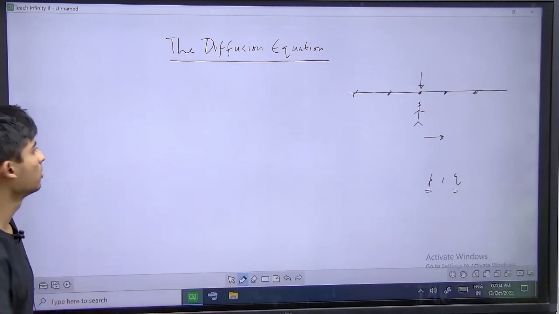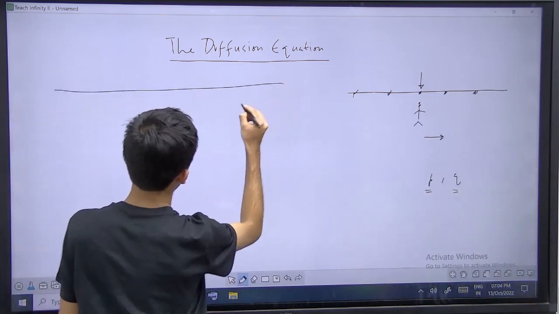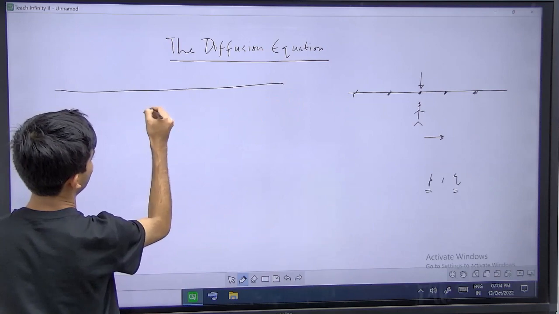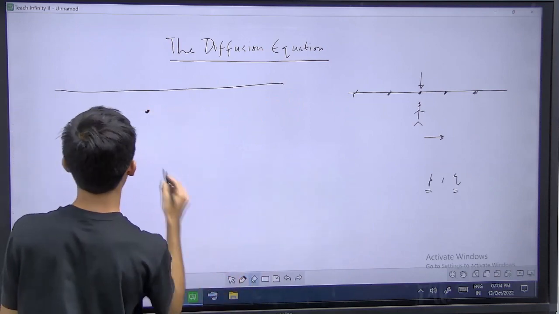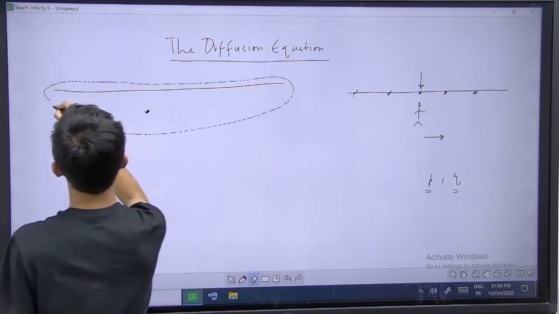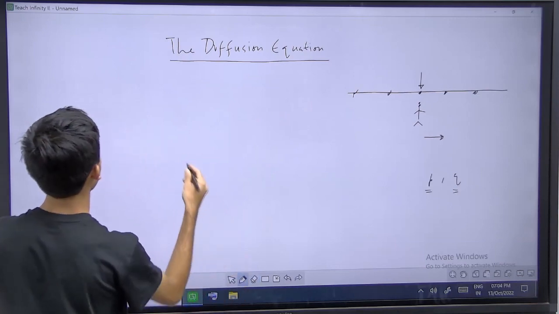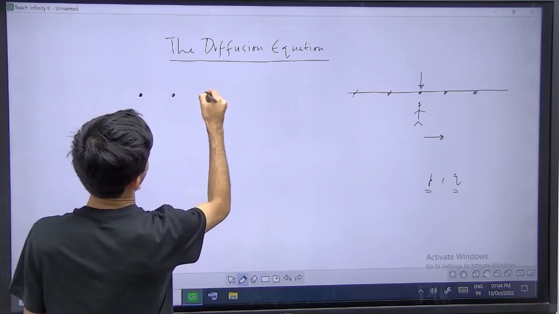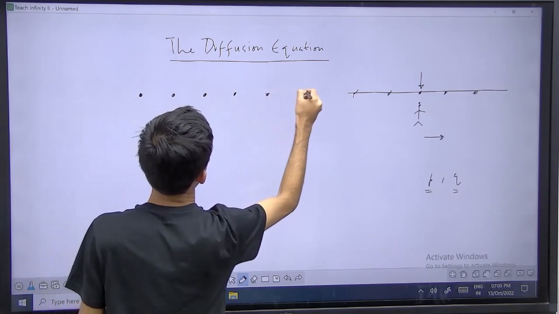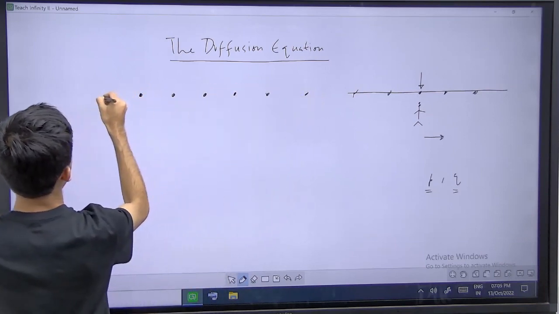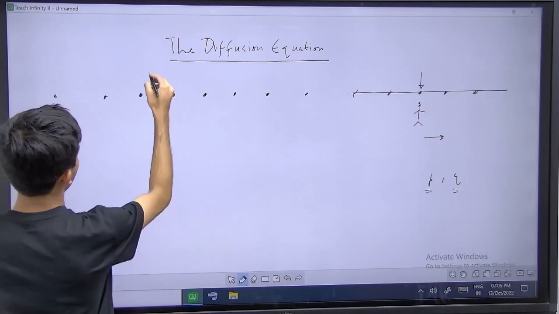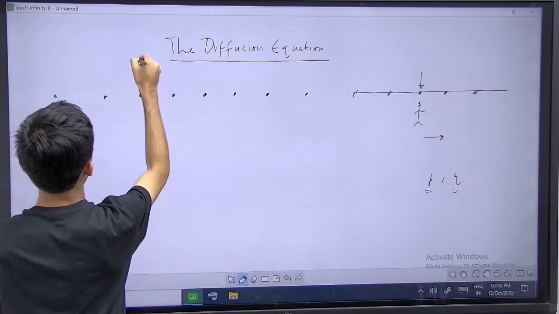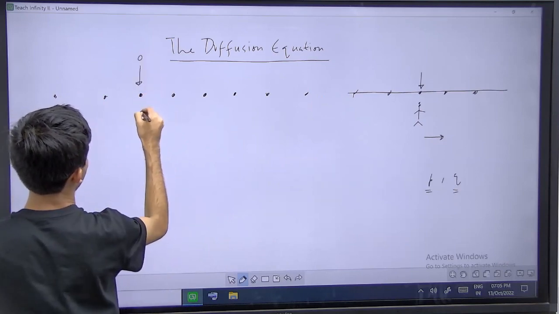I can mark lattice points. I'm not sure how clear that will be, but I'll draw a few lattice points, and suppose this is 0 and the particle starts here. Okay.